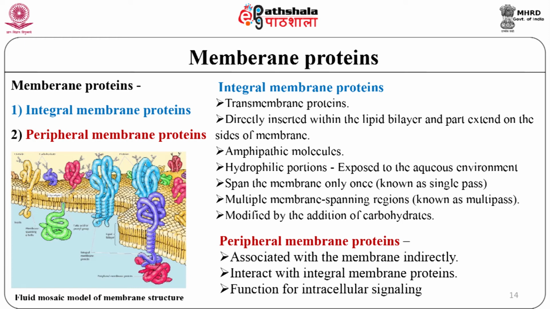Most transmembrane proteins of eukaryotic plasma membranes are modified by the addition of carbohydrates. These proteins are exposed on the surface of cells and they may participate in cell-cell interaction.